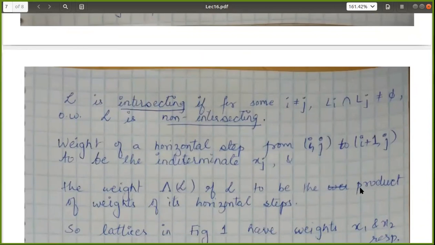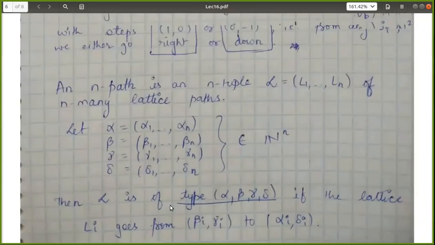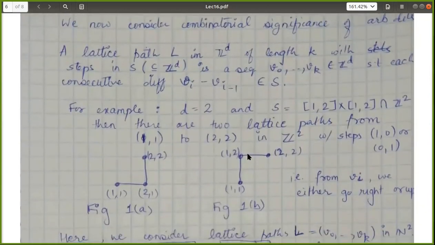It is the product of weights of its horizontal steps. x2 square. That's right. If you had another, let's say like this, then the weight would have been x2 square times x3.